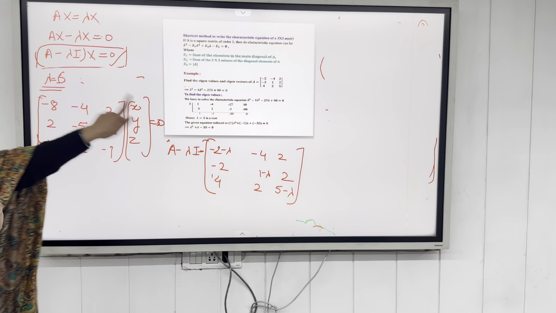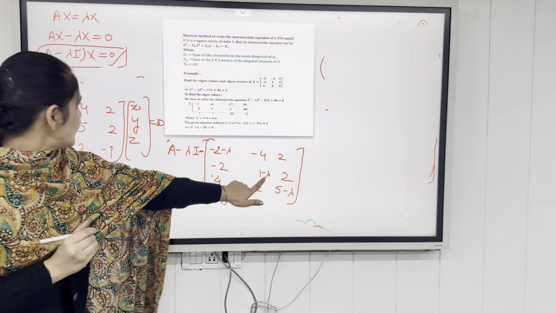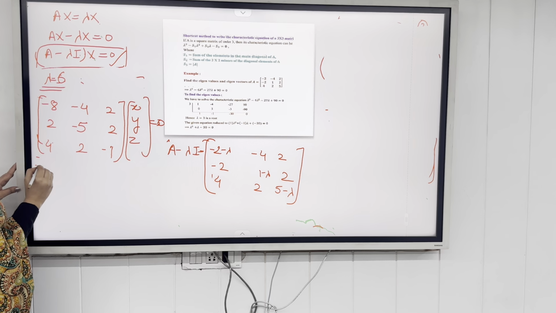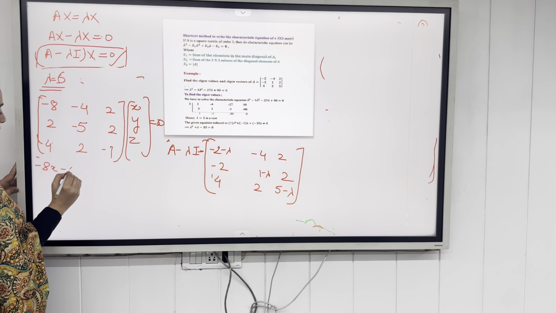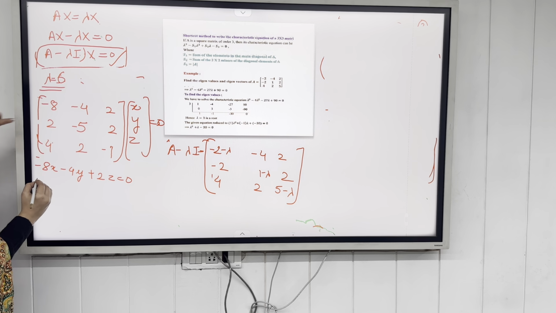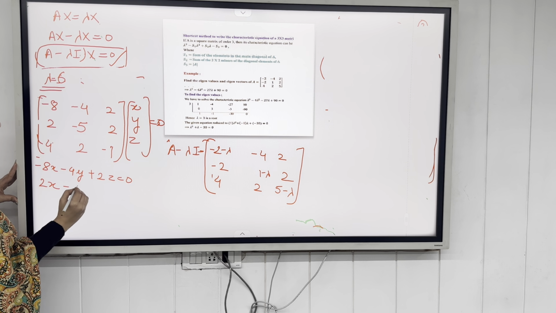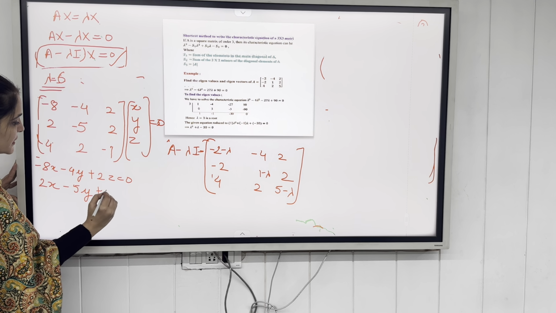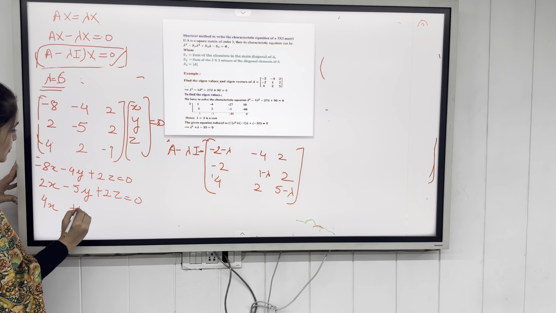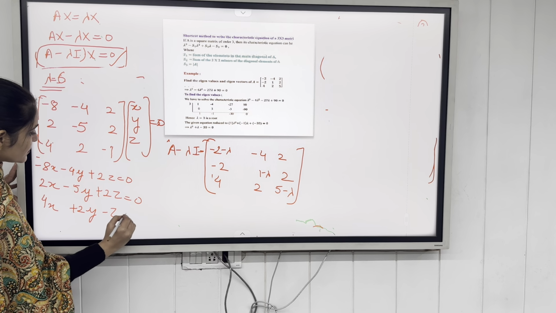Now just multiply the equations. We will get minus 8x minus 4y plus 2z is equal to 0. The second equation will become 2x minus 5y plus 2z is equal to 0. The last will be 4x plus 2y minus z is equal to 0.